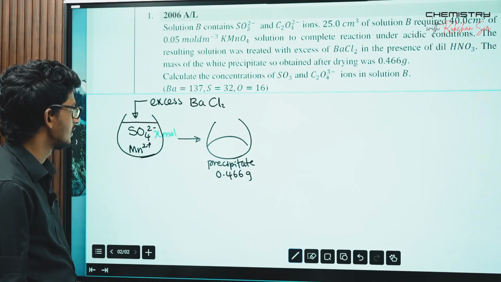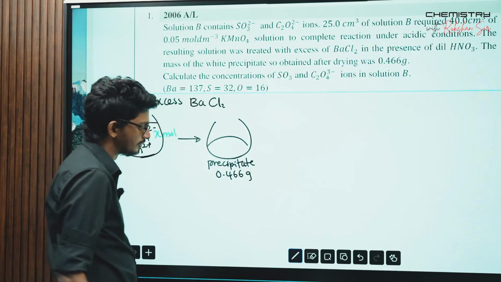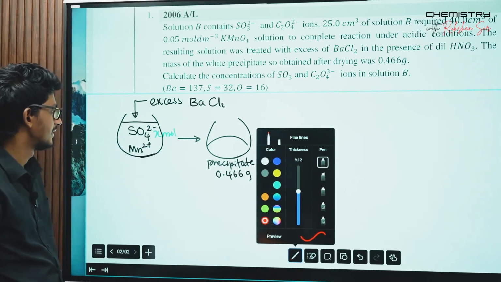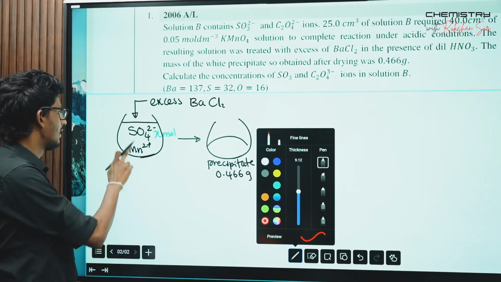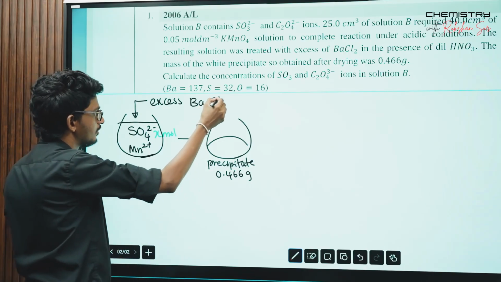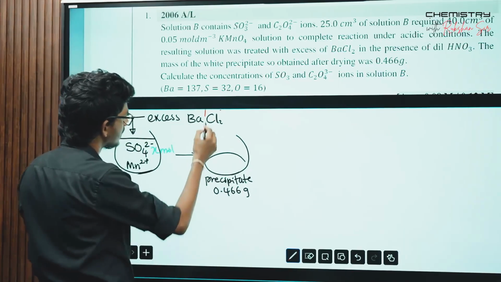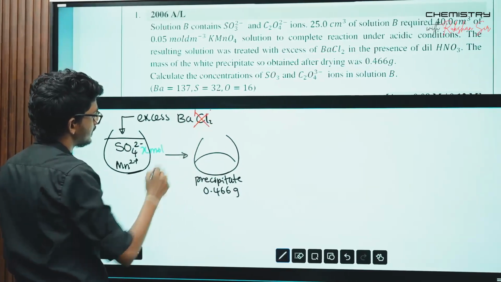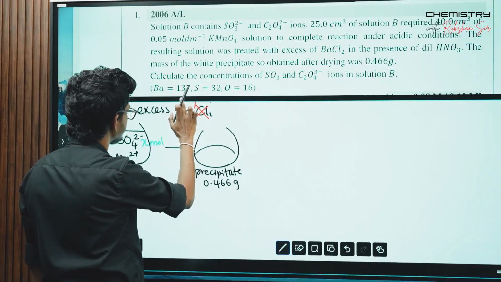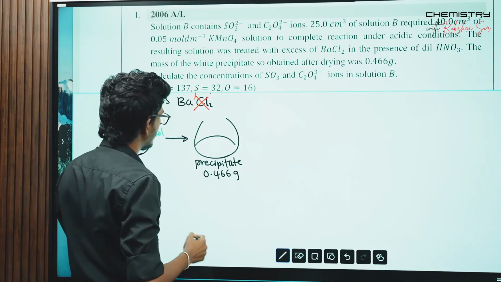Okay, so let's consider the reaction occurring here, sulfate with BaCl2. So basically no cation is available here to precipitate, so no need of looking for Cl minus here.